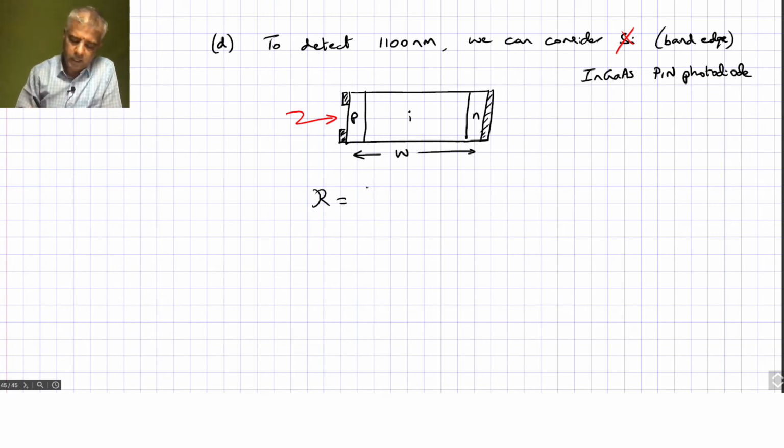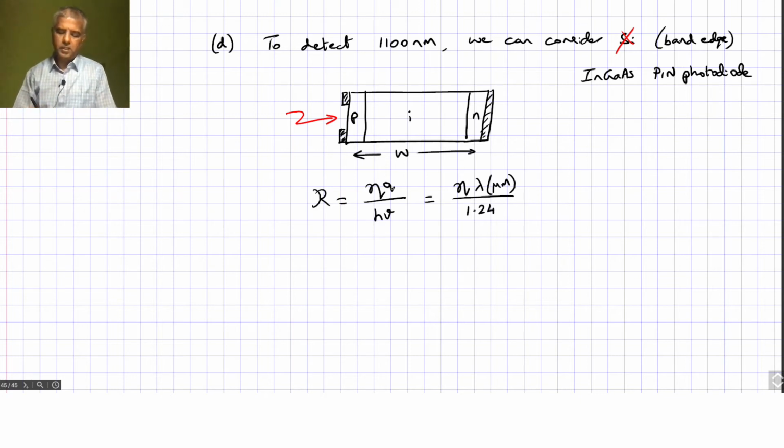Responsivity is given by eta q over h nu, right? And that can be, of course, we saw before, written as eta times lambda, as long as lambda is expressed in microns, divided by 1.24. The same thing, it's basically hc over q corresponds to a value of 1.24 as long as lambda is expressed in microns, where eta itself is given by 1 minus Rf.